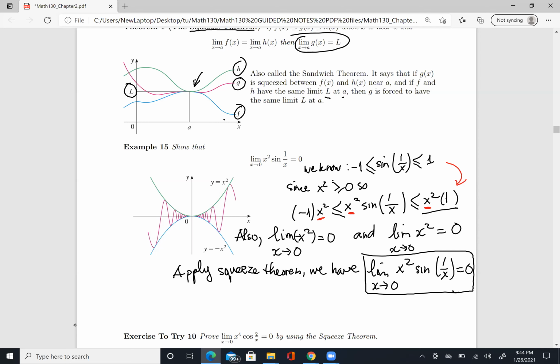And the green one is y equals x squared, and the blue one is y equals negative x squared, right? See that? They all intersect at 0, 0 here, okay?